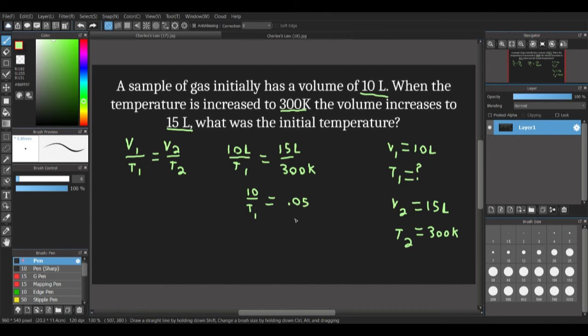To solve for T1, we have to put 0.05 over 1 and then cross multiply. This gives us 0.05 T1 equals 10. And then to finish solving for T1, we have to divide by 0.05. And that gives us that T1, or our initial temperature, is equal to 200 Kelvin.